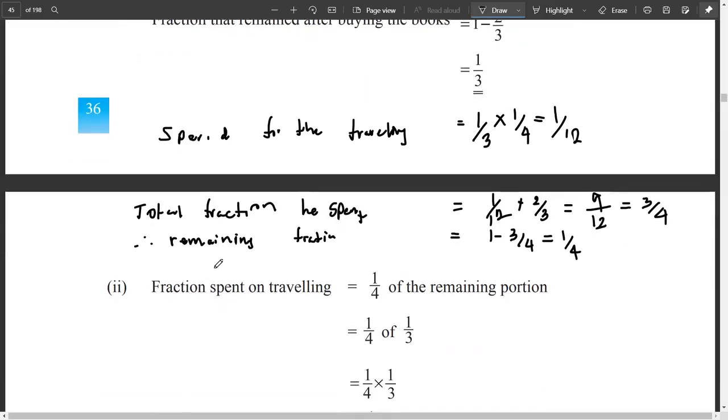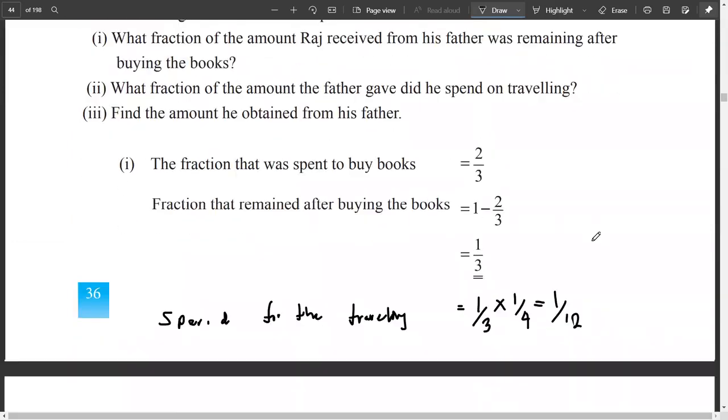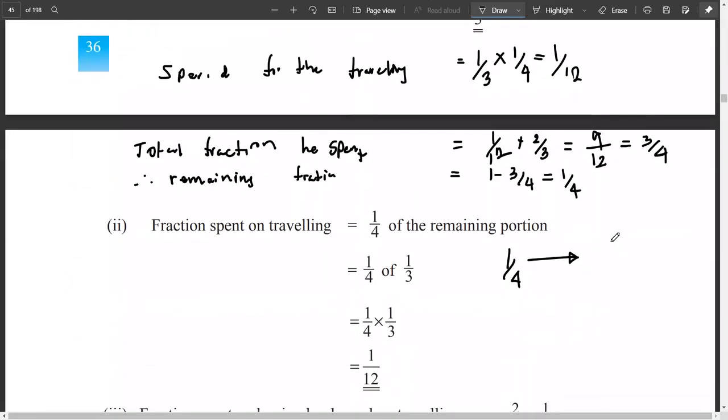So let me write in here, you have to write properly. This 1 over 4 is the remaining fraction after doing all the expenses. The data is given, so the remaining is 500. So for 1 over 4 it's 500.